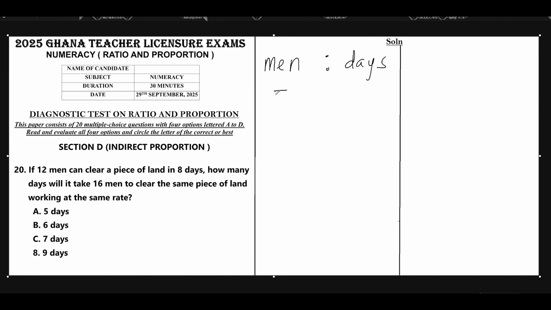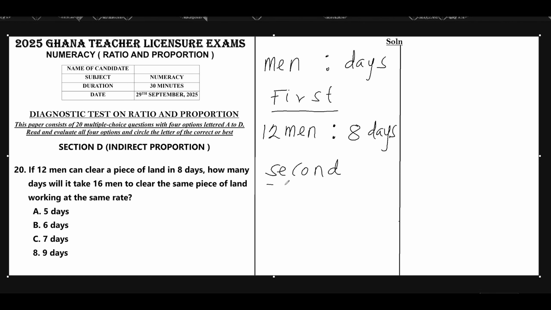So the first instance, we have 12 men working for 8 days. Now the second instance, we have 16 men, but then we don't know the number of days.